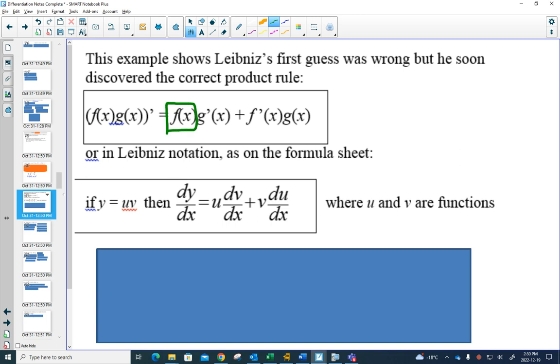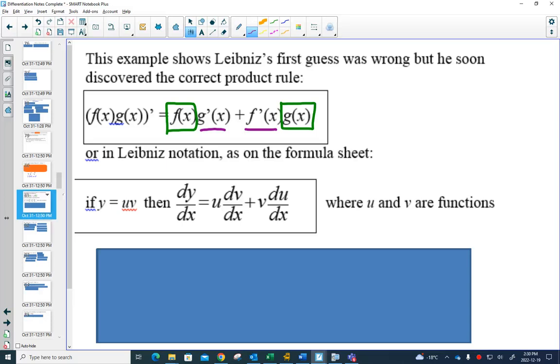I kept f of x the same and multiplied by the derivative of the other one. Then you keep the other one the same and multiply by the derivative of the first one and add those together. It works, but it's not a simple thing where you're like, oh, this makes total sense that this is what you would do.